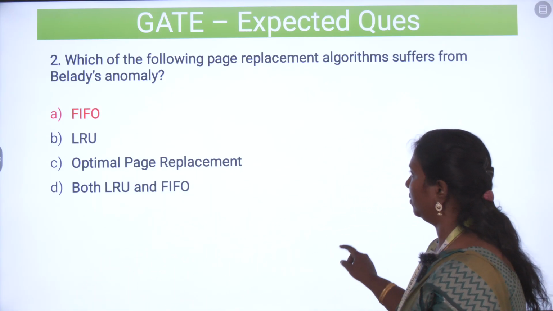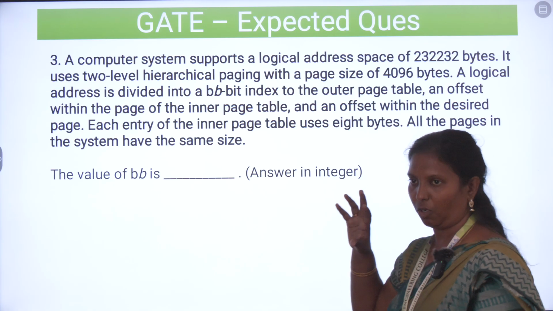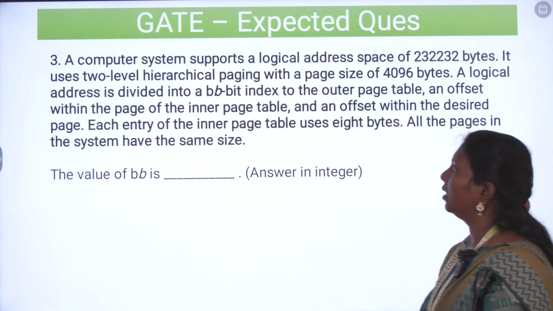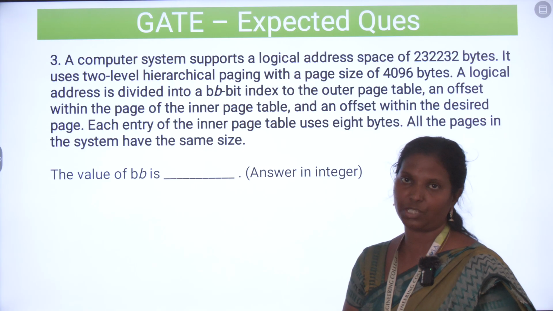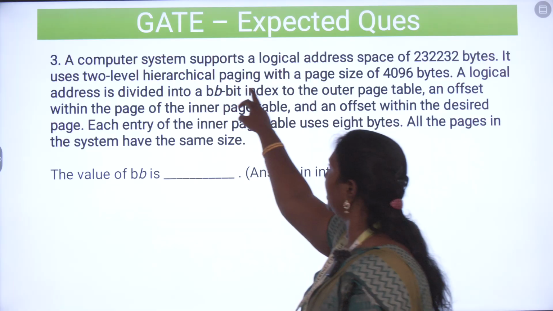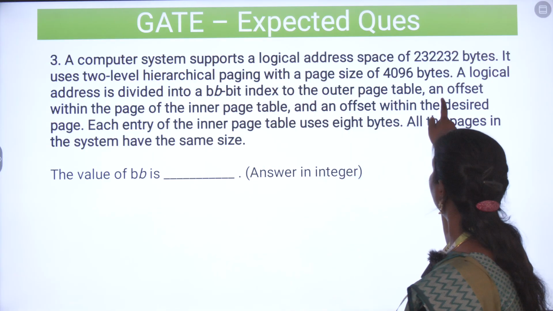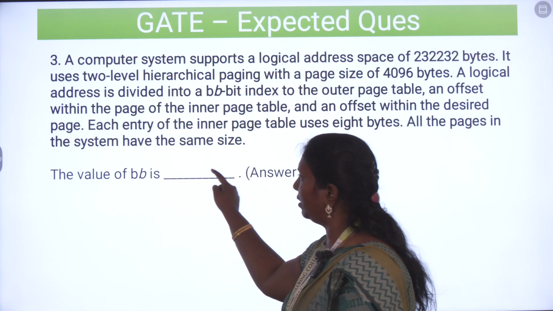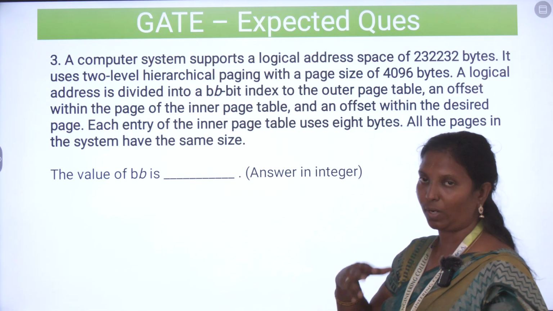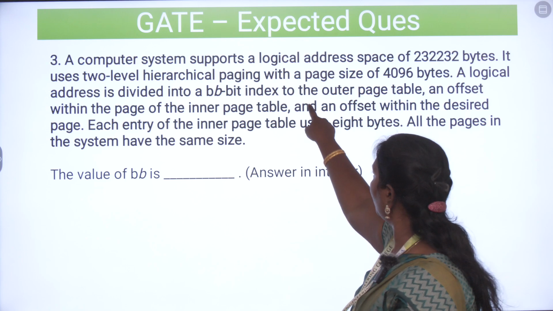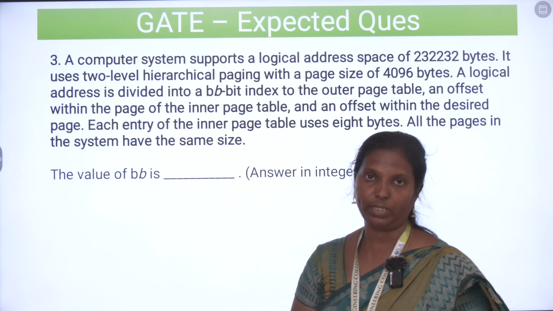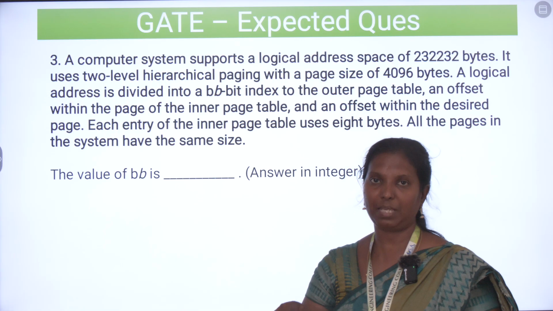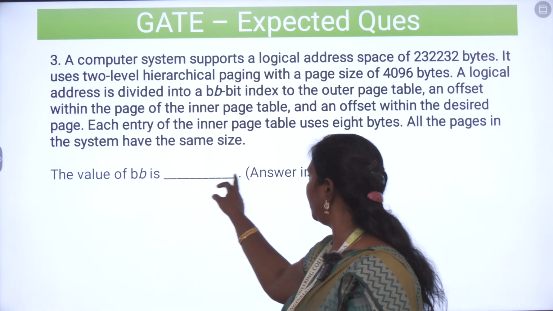Then the third question we can expect is a normal integer calculation. Here they have given two-level hierarchical paging, with 2 to the power 32 bits utilized, and each entry will be in the inner partition. They want the B level of counting. So here they are asking for the calculation of the number of bytes, that is B, and the value of B will be an integer.